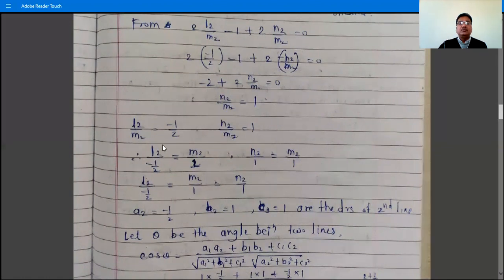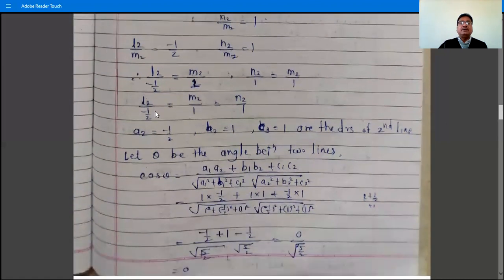Therefore we have L2 by minus half, M2 by 1 is equal to N2 by 1, and again these three numbers are proportional to L2, M2, N2, which means these are the direction ratios of the second line. So A2 is minus half, B2 is 1, and C2 is 1 are the direction ratios of the second line.